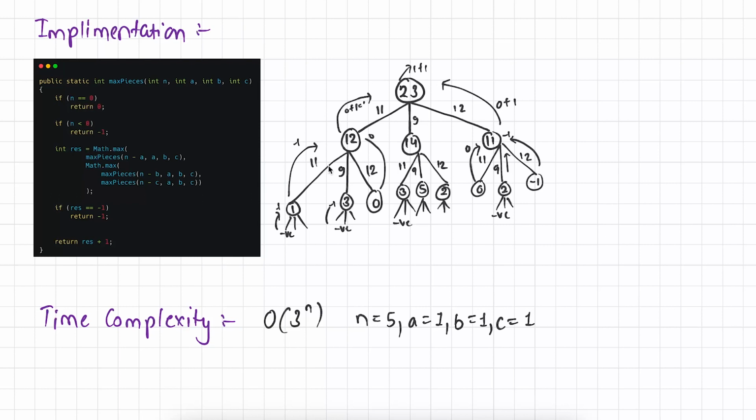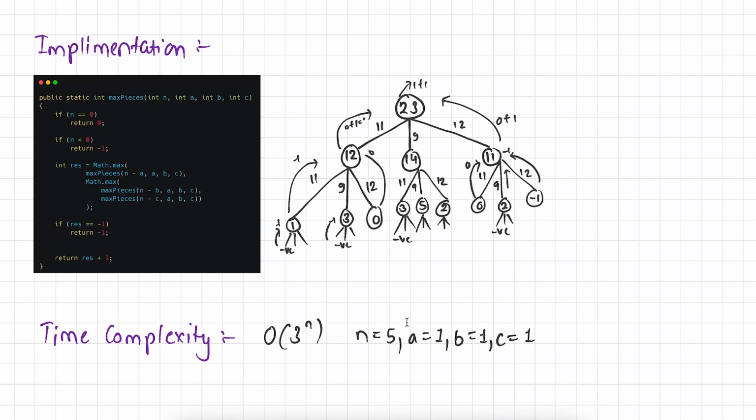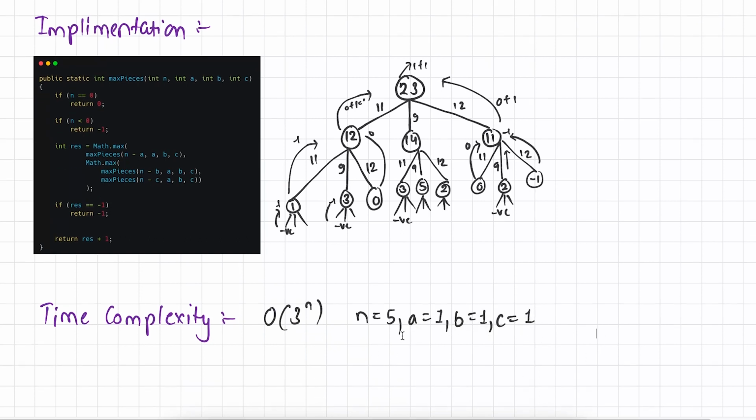And when we draw a recurrence tree of this given input, we end up getting 3 to the power n leaf nodes. And in case of recursion, the amount of time taken by a recursive function is exactly equal to the number of leaves present in the recurrence tree. So in this case, how many leaves are possible? It's simple, 3 to the power n, where 3 is the number of different values of cuts, and n is equal to 5.